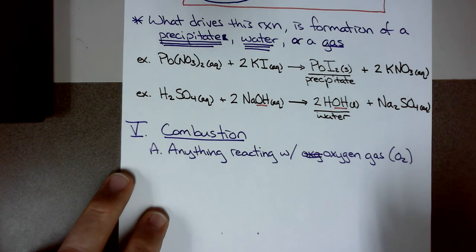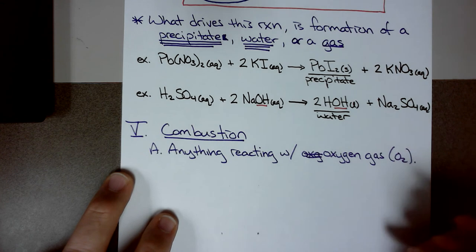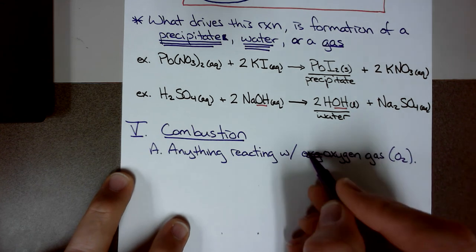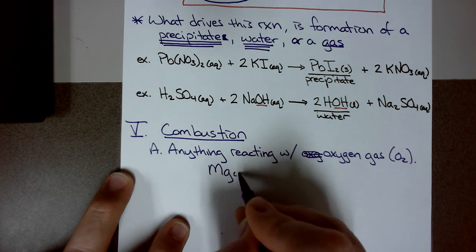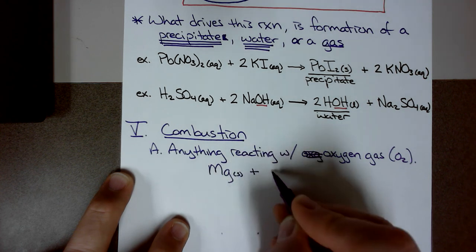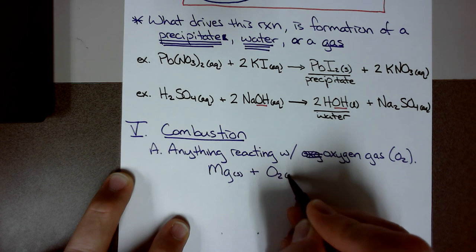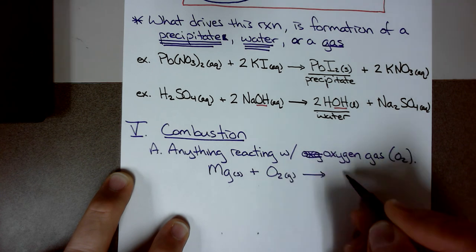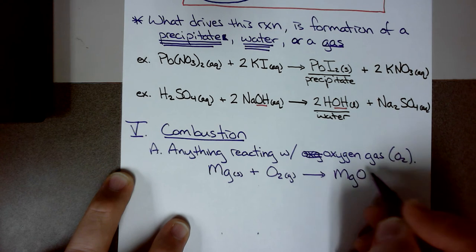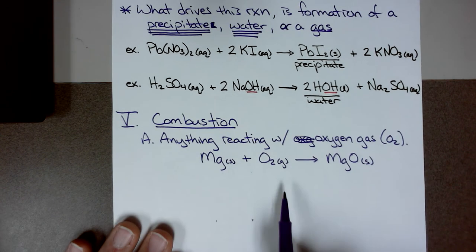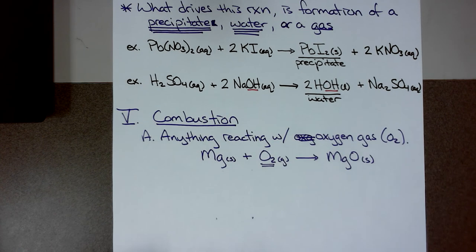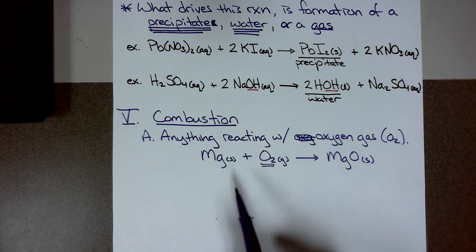So for example, if we had magnesium solid reacting with oxygen gas, we would produce magnesium oxide solid. That is a combustion reaction because we've reacted with oxygen. Now, all combustion reactions are very exothermic. They give off a lot of heat or energy.